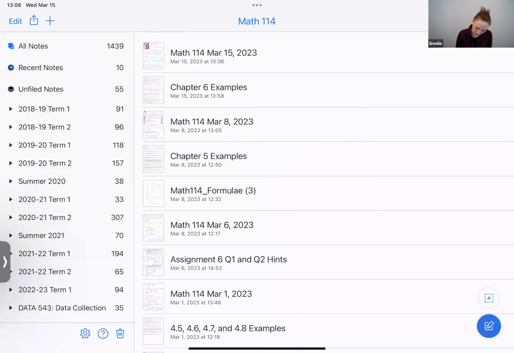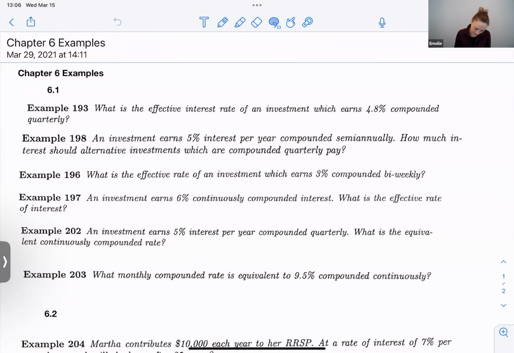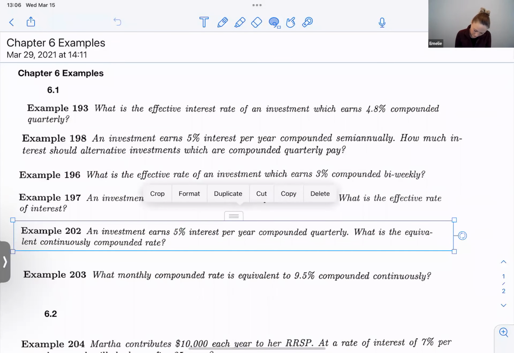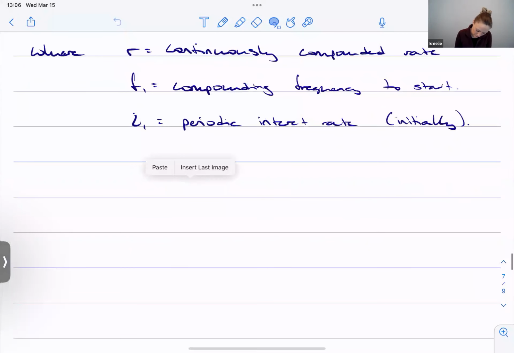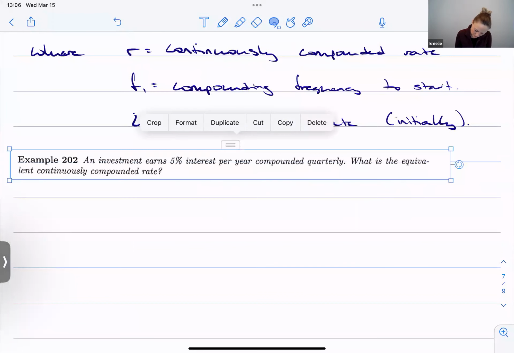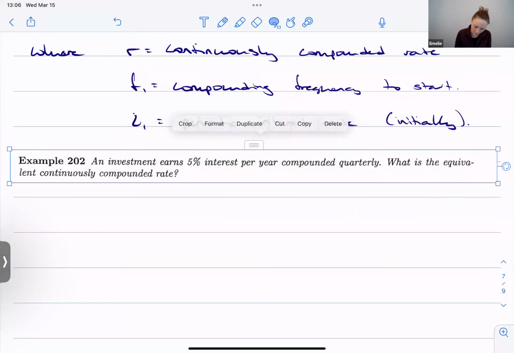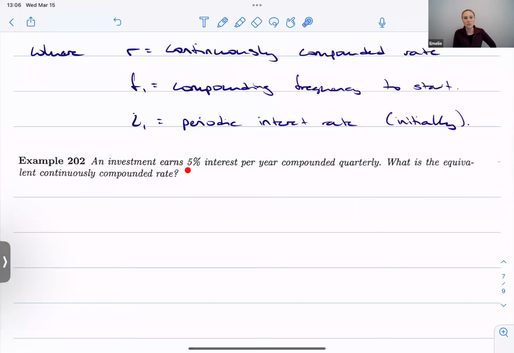We want to do example 202. An investment earns 5% interest per year, compounded quarterly. What is the equivalent continuously compounded rate?